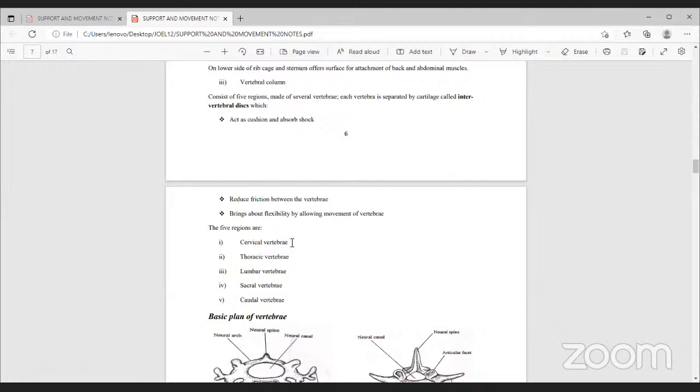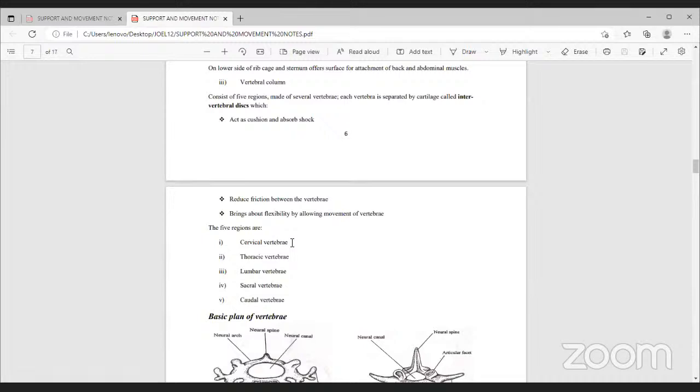The first one, I told you, is the one that is supposed to articulate with the skull to allow the nodding of the head. That bone, the first bone of the cervical vertebrae, is called the atlas. Below the atlas, we have the axis. So the axis and atlas, we are going to look at separately from the others.